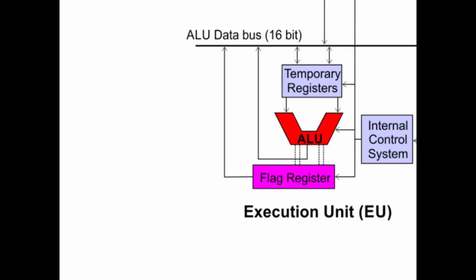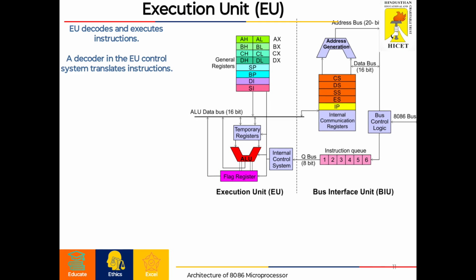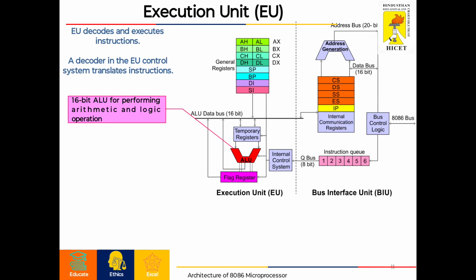Next, it contains the flag register. The 8086 microprocessor contains 9 flags: 6 status flags and 3 control flags. So this is the overall block diagram, that is, the functions of your 8086 microprocessor.